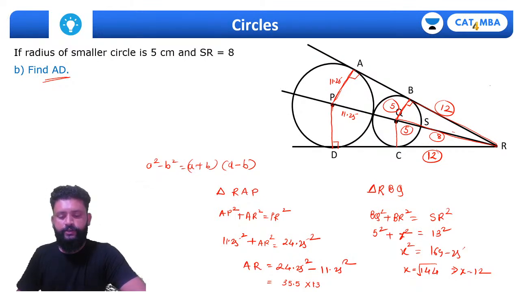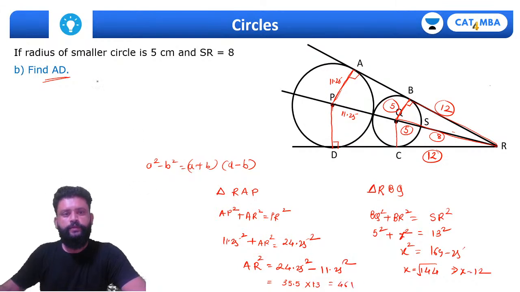So 35.5 into 30 has to be AR square, that is 461. So AR is under root of 461.